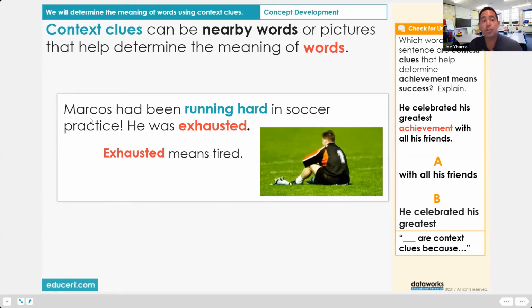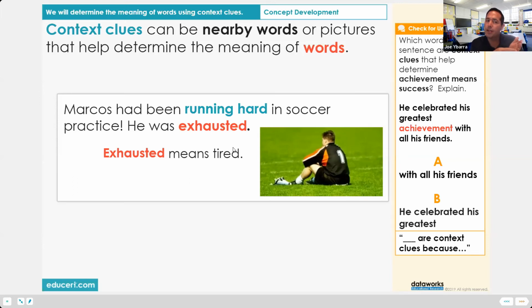Now I give them an actual example. Let's pretend we don't know what exhausted means. Exhausted is my unknown word. Context clues are the nearby words, nearby exhausted, to help determine what exhausted means. Let's all read this together. Remember, there's an exclamation mark. Marcos had been running hard in soccer practice. He was exhausted. If I don't know what exhausted means, I can use nearby words.